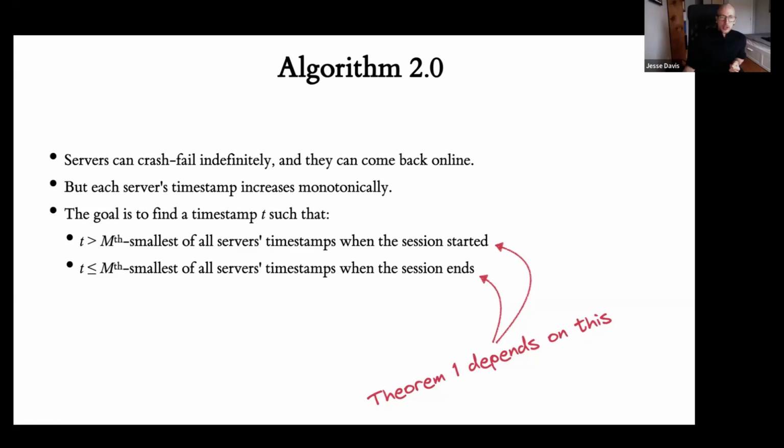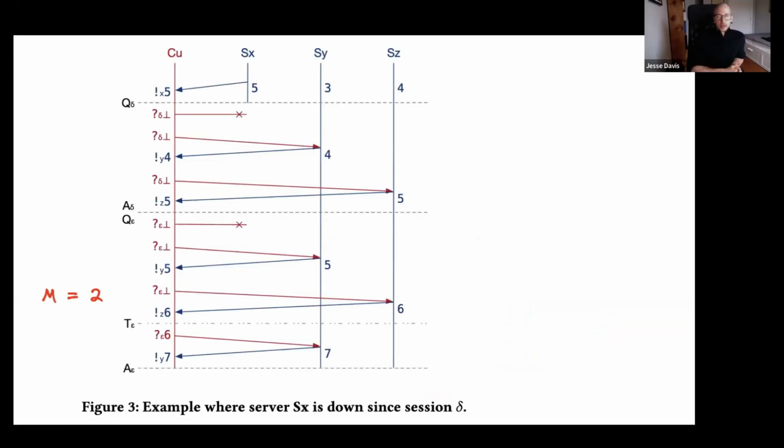So here's another example of a session, but this is the algorithm version 2, where server X is partitioned away from the client. Once again, let's say that m equals 2. We want the second smallest timestamp. So the client remembers that at some point in the past, it got a 5 from server X before server X was partitioned away from it.